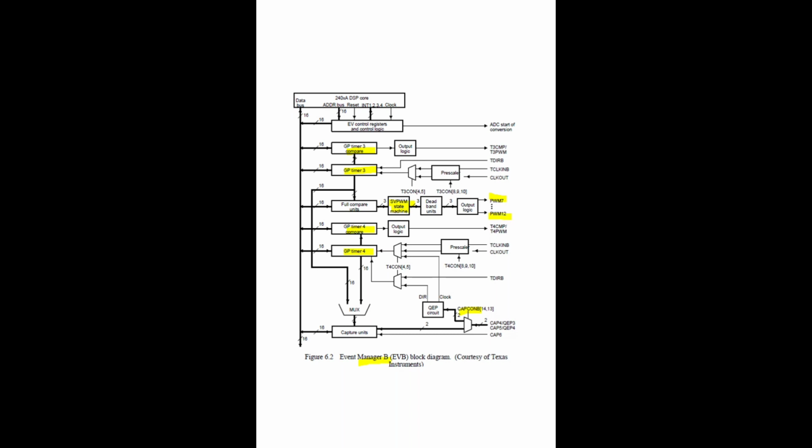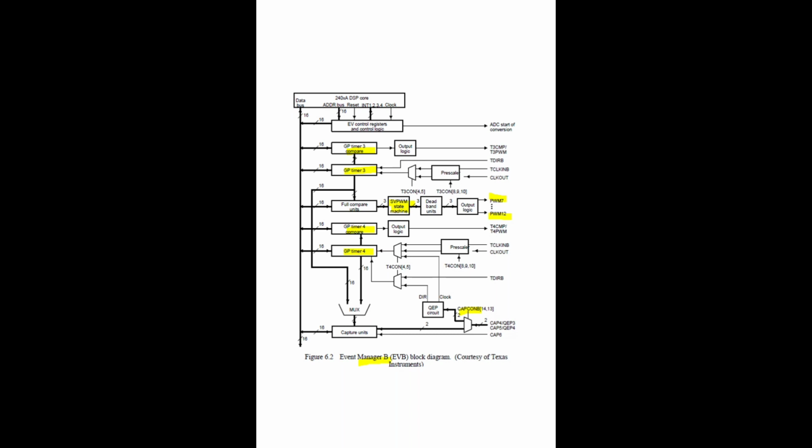So totally with the DSP controller, 12 PWM signals are generated with the combination of event manager A and event manager B. Event manager A will generate 6 PWM and event manager B will generate another 6 PWM, totally 12 PWMs, and then timer 1 can generate 1 PWM. So 4 timers will generate 4 PWMs. So if you add together 12 plus 4, you can generate 16 PWMs with the help of this DSP IC.